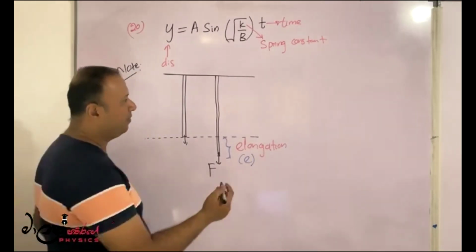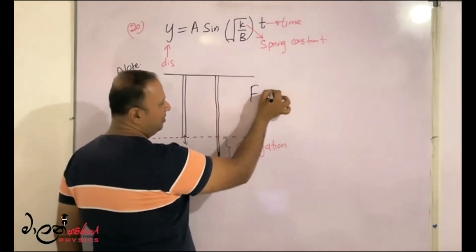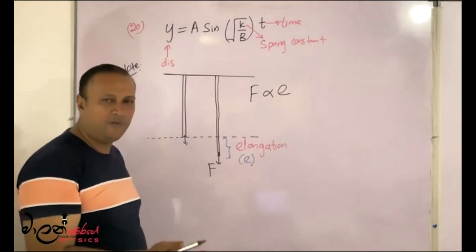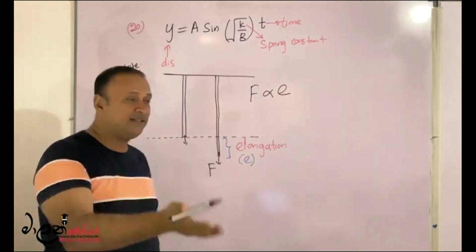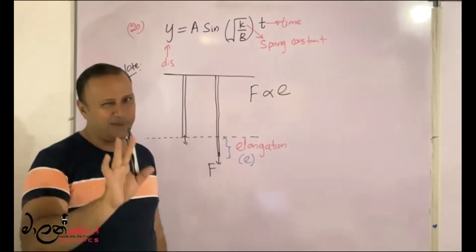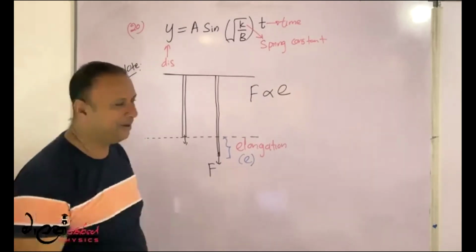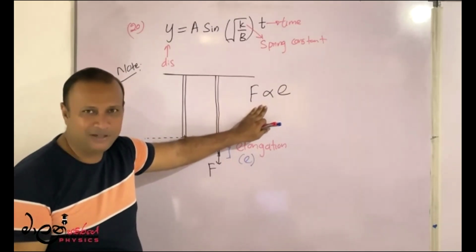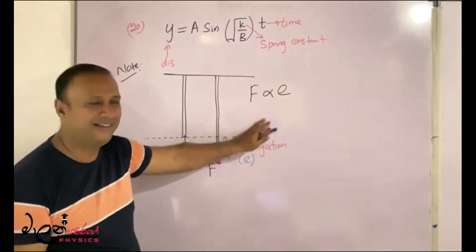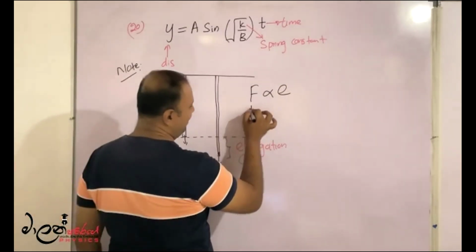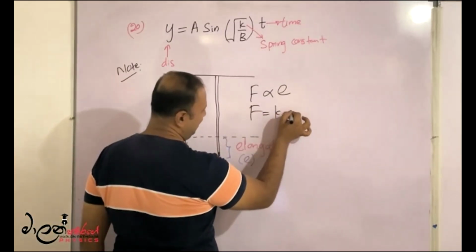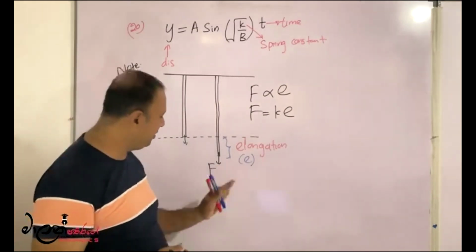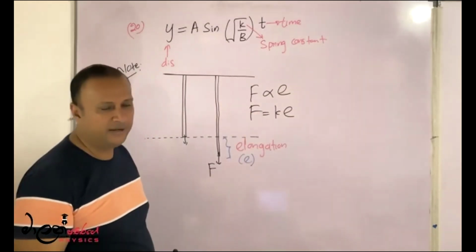Therefore, I can write F is directly proportional to E. Once F increases, E also increases. Therefore, this relationship can be converted into an equation. So this is the relationship between F and E.